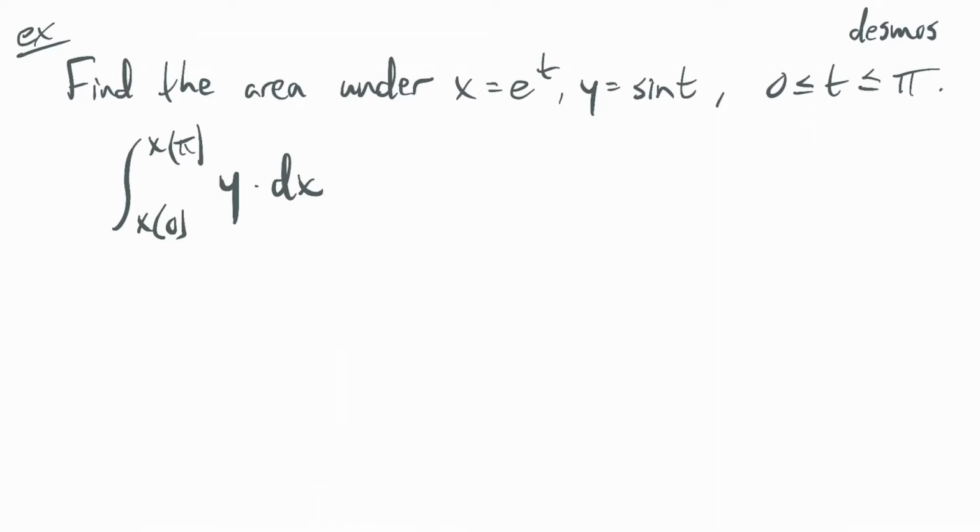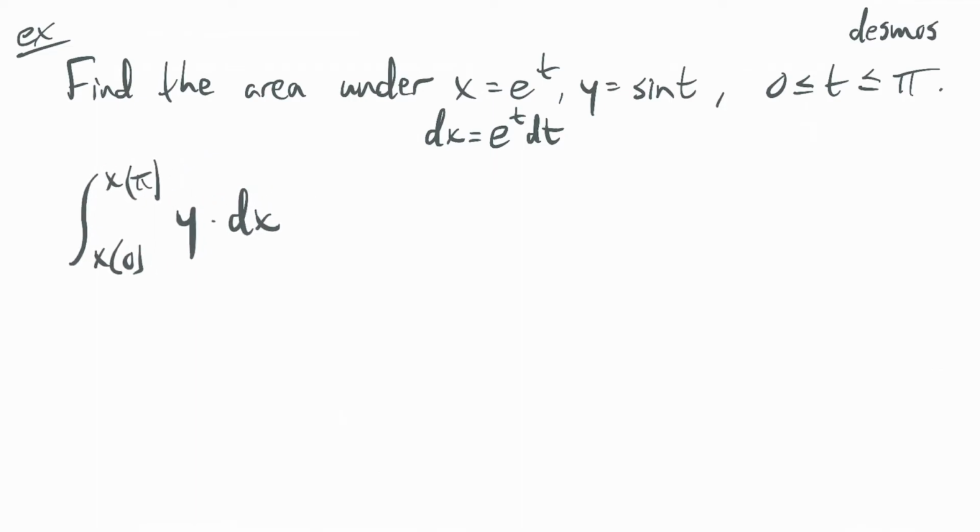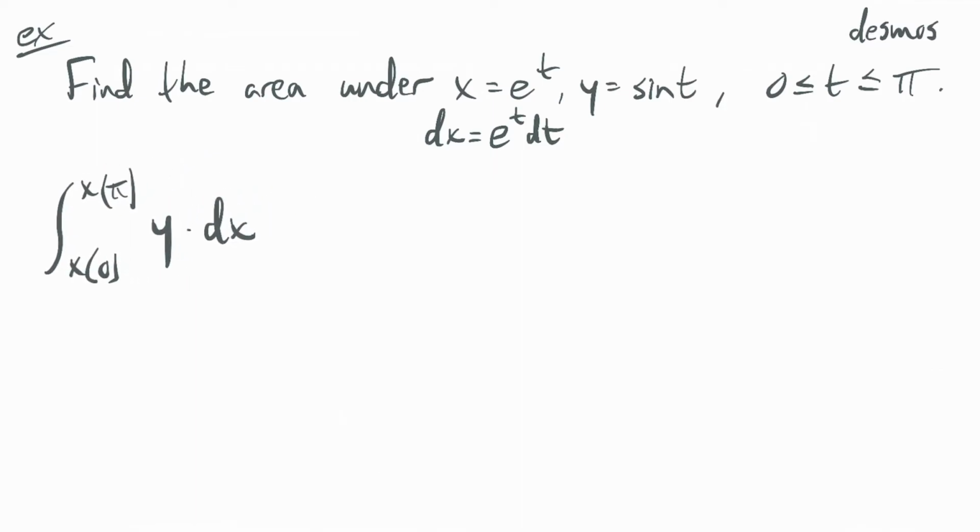Well, all we have to do is do a change of variable using this substitution, x equals e to the t, so that dx equals e to the t dt, and then y is sine of t. So this equals the integral from 0 to pi of sine t times e to the t dt. And all we got to do is calculate that integral, and we will find the area.